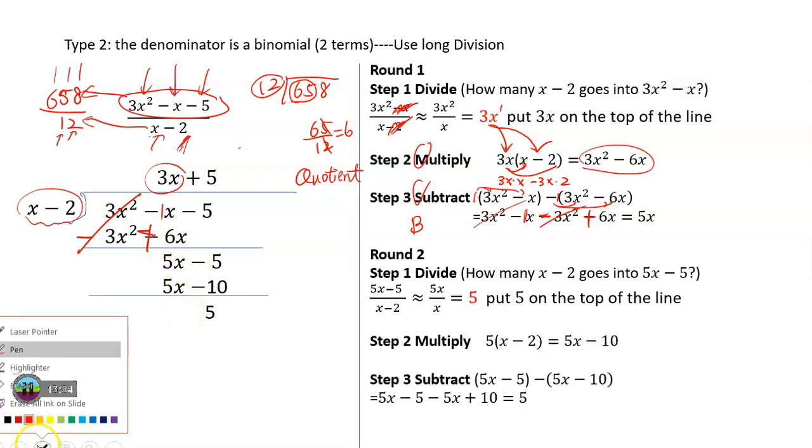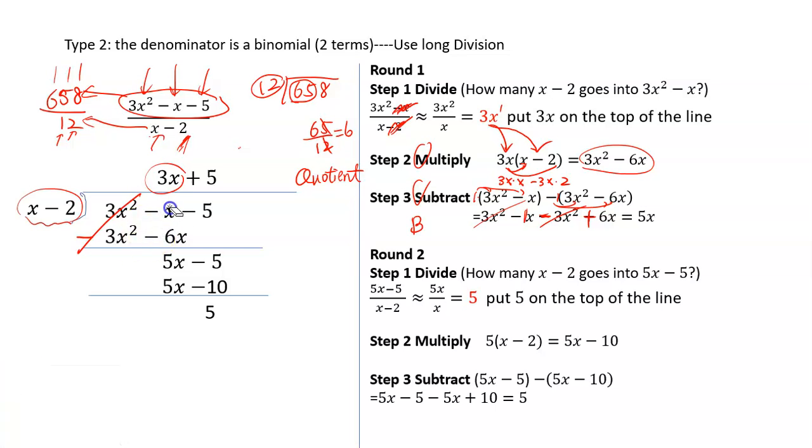A common mistake students make is, because they didn't put a minus sign there, they didn't remember to do subtraction here. 3x squared minus 3x squared, they cancel. But when they get here, they forgot they also have to do subtraction here. So they're doing negative 1 plus negative 6 to get negative 7, which is incorrect.